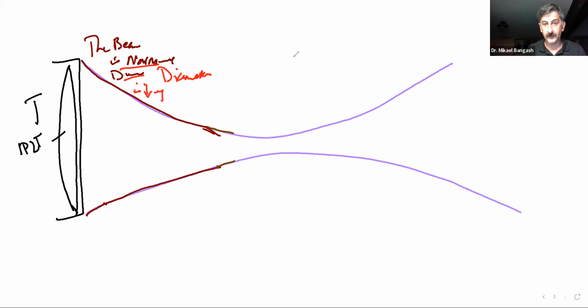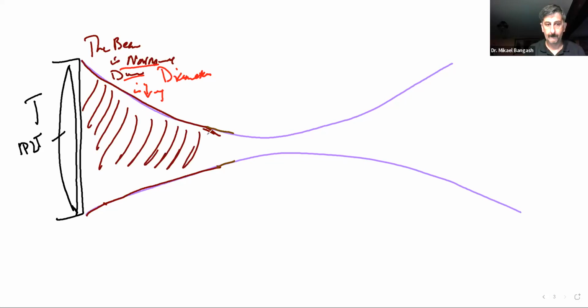This area here is where the beam is narrowing down. That is going to be what we will call the near zone. Did you girls get that?